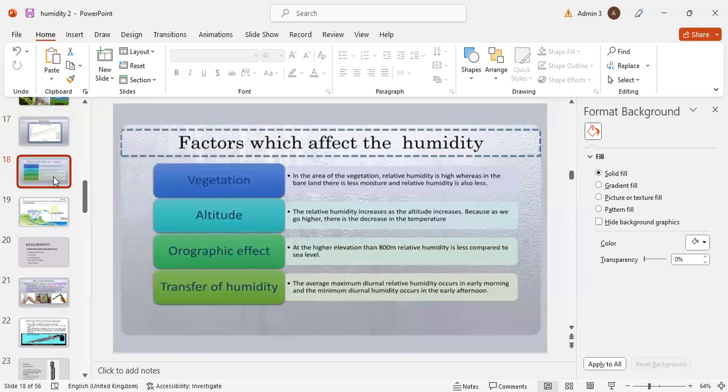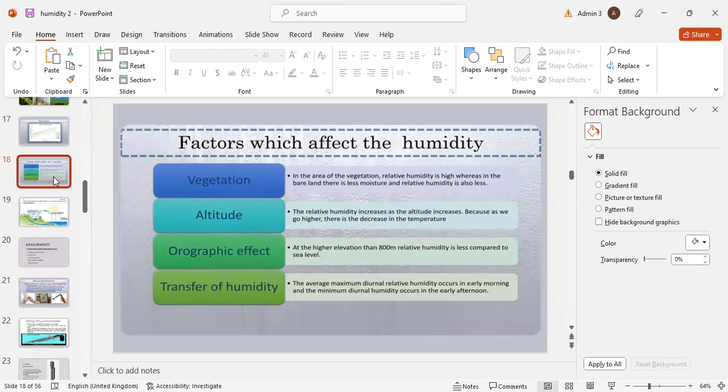Factors which affect humidity. Vegetation. In areas of vegetation, relative humidity is high, whereas in bare land there is less moisture, and relative humidity is also less. Altitude. Relative humidity increases as the altitude increases because as we go higher there is a decrease in temperature. Orographic effects.